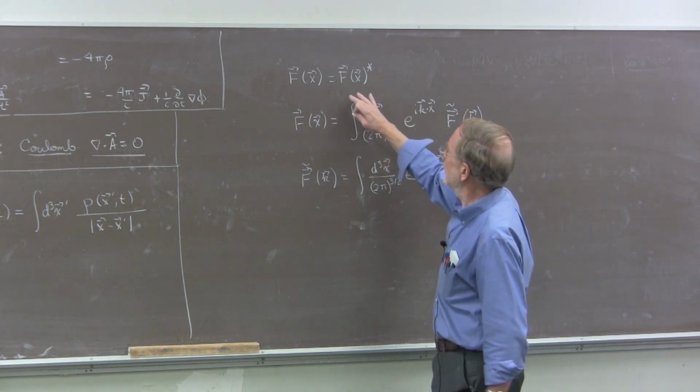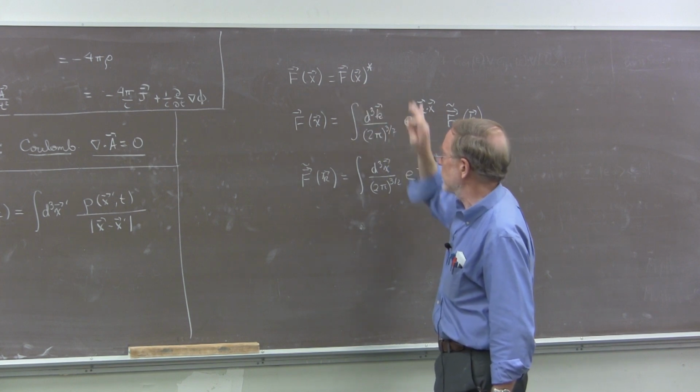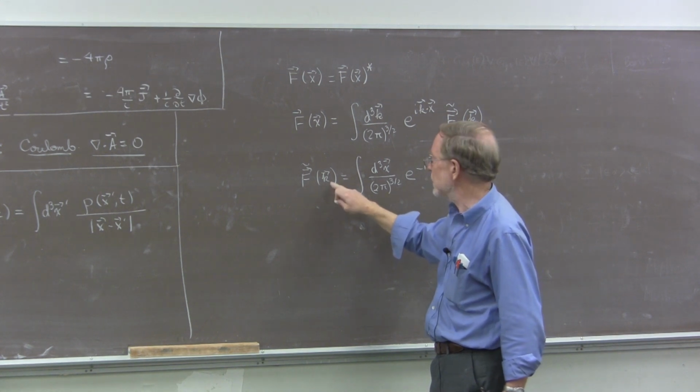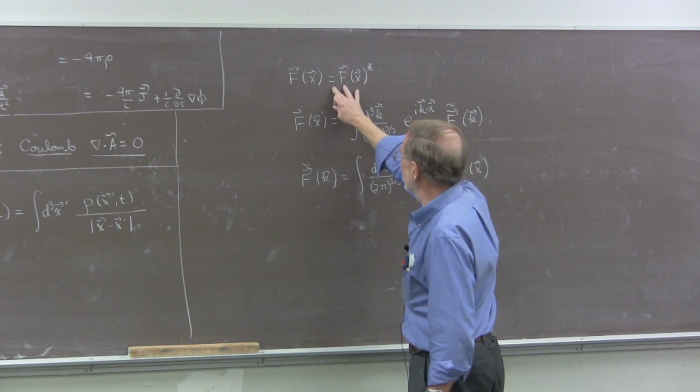So the first thing to say is that even if F is real in real space, x space means real space, the Fourier transform is not real. It's really a complex field on k space. But it's not an arbitrary complex field because of the reality condition in real space.